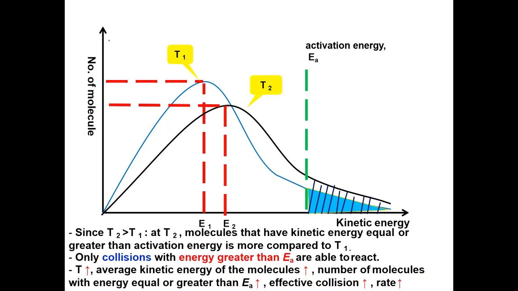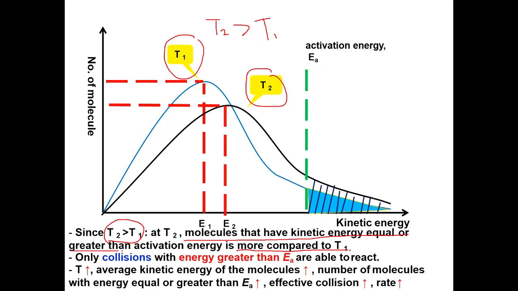Next we look at this diagram. Since T2 is greater than T1, molecules that have kinetic energy equal to or greater than the activation energy are more numerous compared to T1.